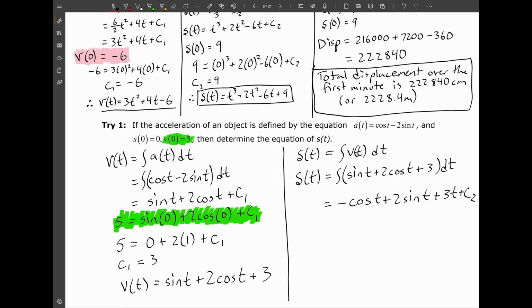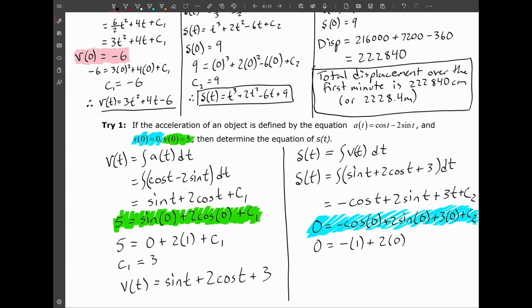Now, again, we have ourselves an initial condition. We know that S of 0 is 0. So this is negative cosine of 0 plus 2 sine of 0 plus 3 times 0 plus C2, all equal to 0. That's from our initial condition. So we solve this out. 0 is equal to, well, cosine of 0 is 1, so this is negative 1, plus 2 times sine of 0 is 0, plus 3 times 0 is 0, plus C2.